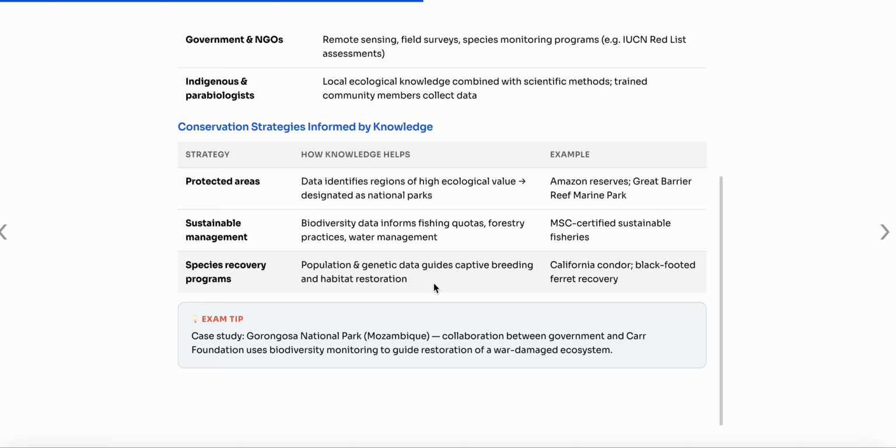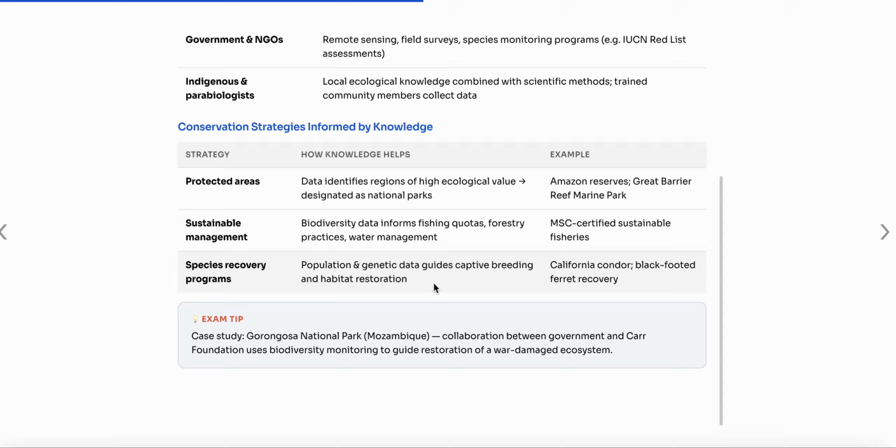We can put in fishing quotas, forestry practices, or water management. We can see whether the fish people are consuming is certified or not, and whether it is harvested using sustainable methods or not.